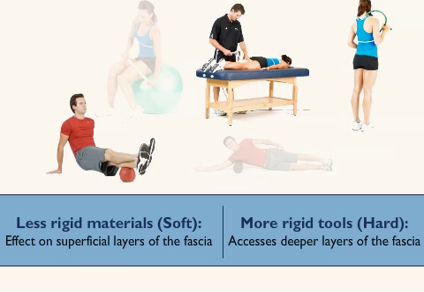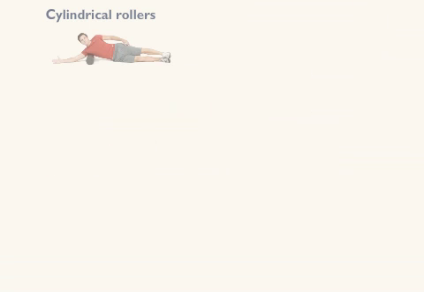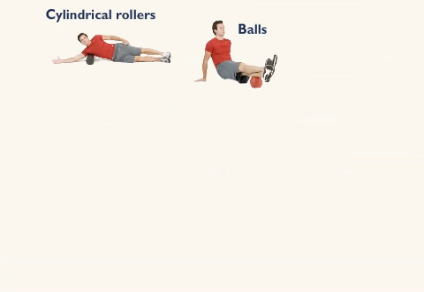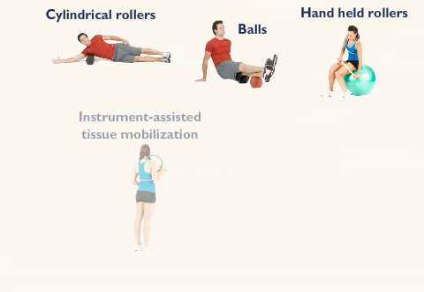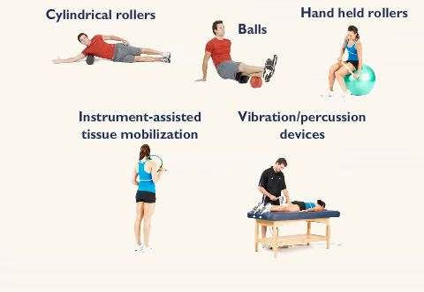Some examples of self-myofascial release tools include cylindrical rollers, balls, handheld rollers, instrument-assisted tissue mobilization, and vibration and percussion devices. No matter which modality is used, there are a few key application points one must consider.